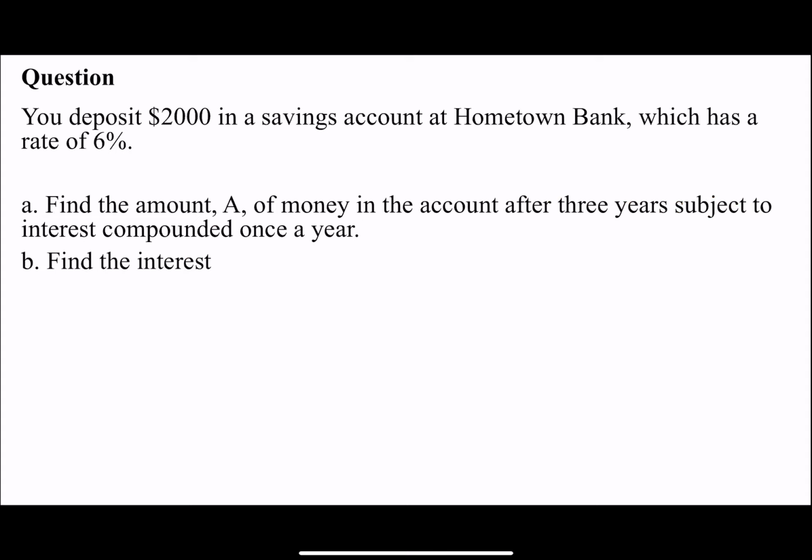So let's say you deposit $2,000 in a savings account at your bank with a rate of 6%. Your present value or principal is $2,000. The annual rate is 0.06, since 6% is 0.06.